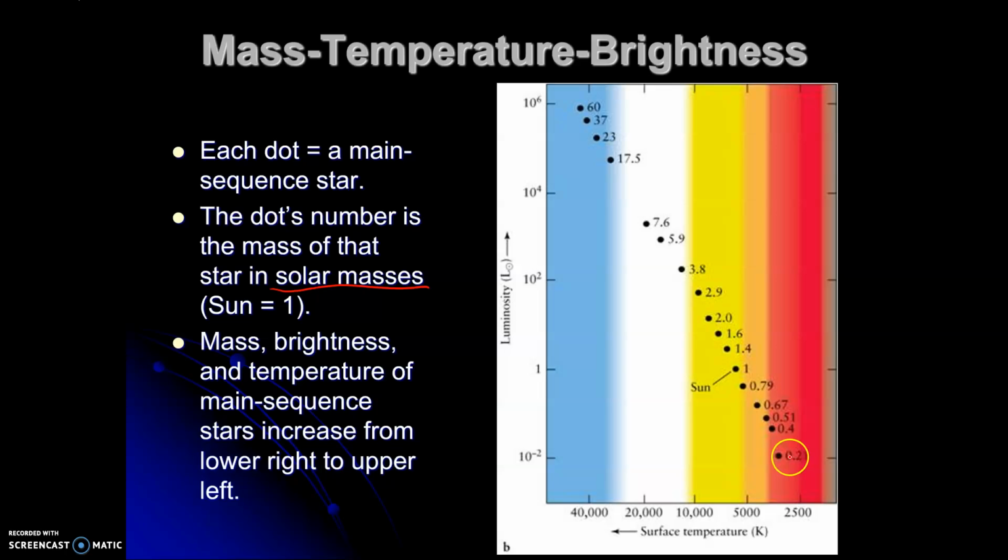So we know that our smallest stars are also going to be our coolest. If we look at our temperature down here, they're also going to be our smallest. So remember, mass takes a big precedence. And from here, we're going to see increasing from the bottom left to our upper right.